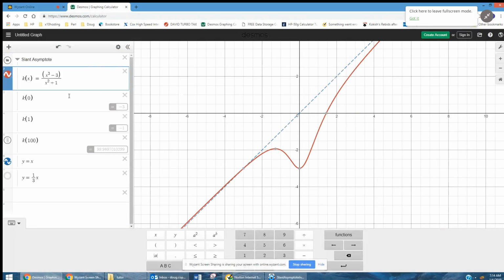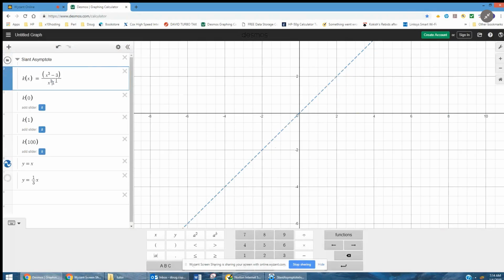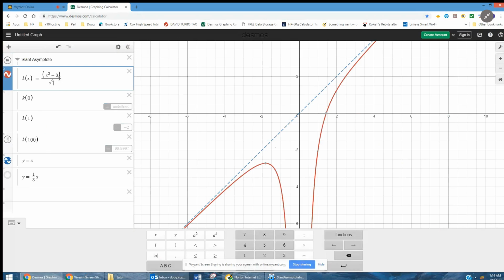So here is, I used k instead of f. But here, when the denominator is x squared, there is a vertical asymptote at 0.